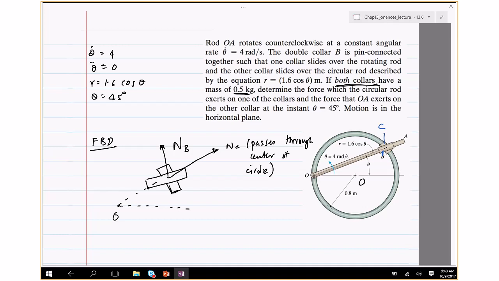Okay, and you're given that this is R. Sorry, that's not R, my bad. R is this. Let me call this O1 because there's already an O. Let's call this O1. This is O.